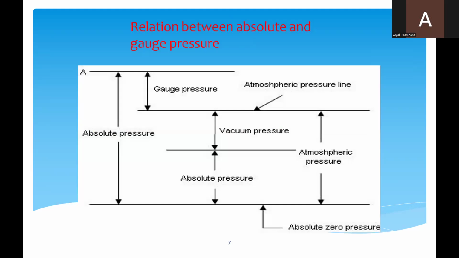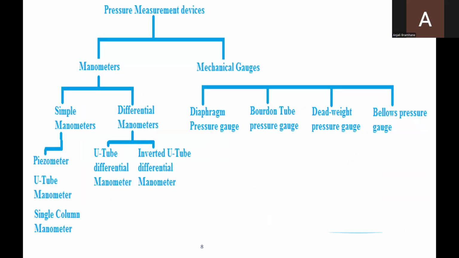Next, the relation between absolute and gauge pressure. Now see in the figure, gauge pressure and absolute pressure. Next, pressure measurement devices. There are two types, manometers and mechanical gauges. Manometers are divided into simple manometers and differential manometers. Simple manometers include the piezometer, U-tube manometer, and single column manometer.